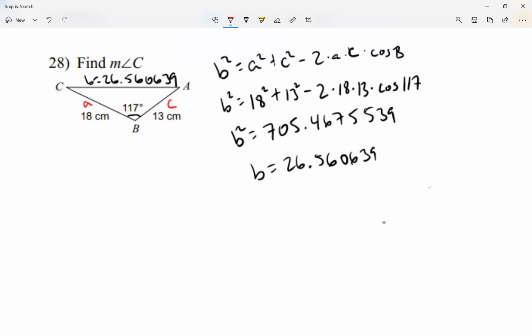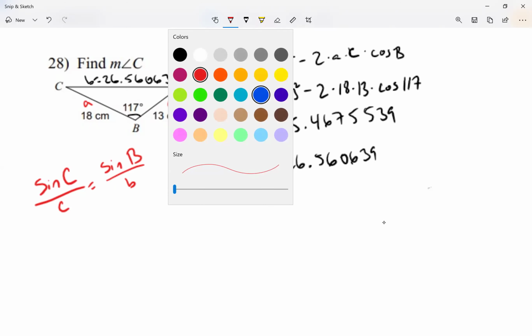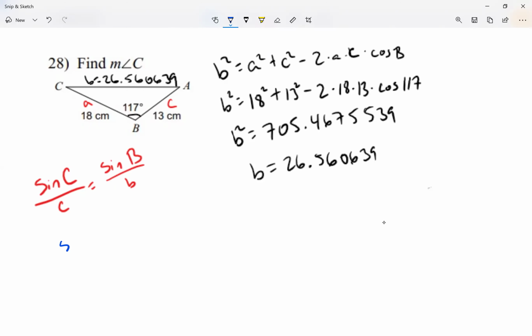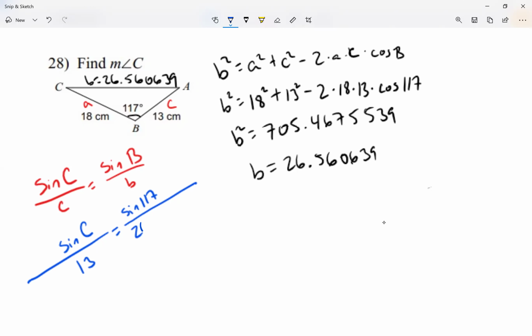So I'm going to say sine of angle C, because I'm solving for angle C, divided by side C is equal to sine of angle B divided by side B. So in other words, sine of angle C, let me do a big fraction, divided by 13 is equal to sine of 117 divided by 26.560639.